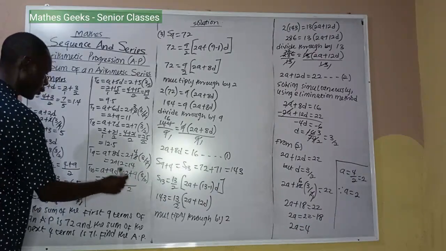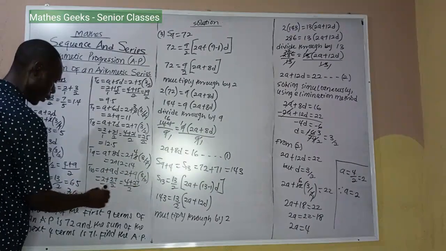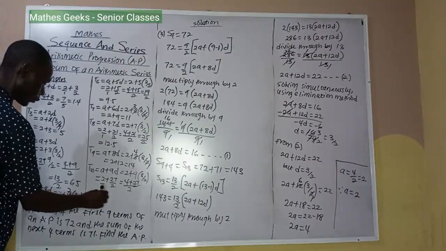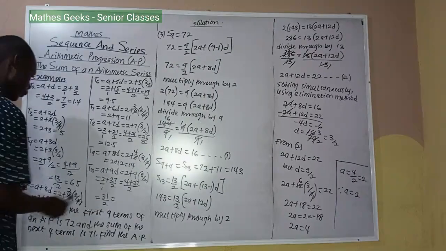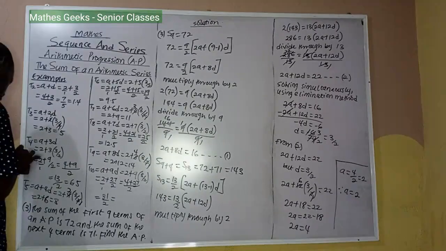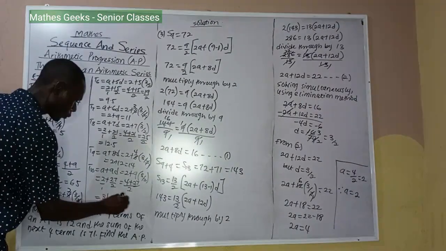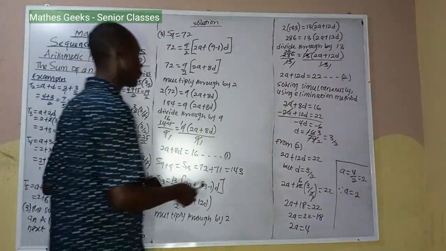LCM is 2. 4 plus 27 will give us 31 over 2, 15.5.